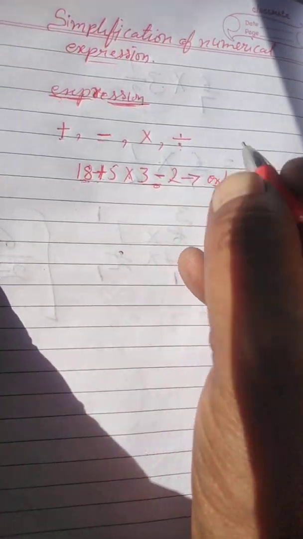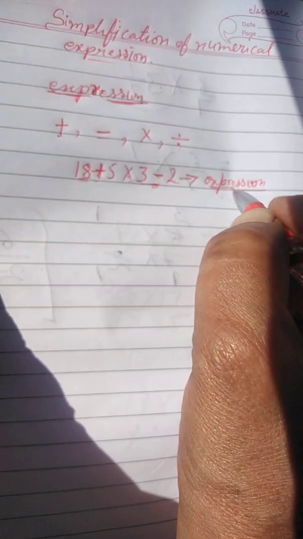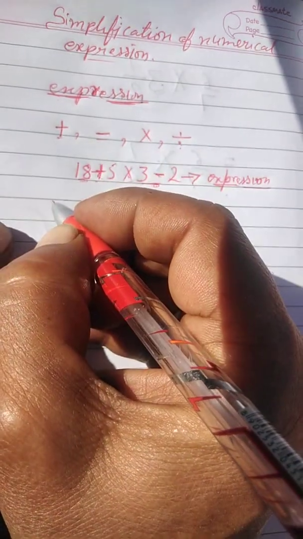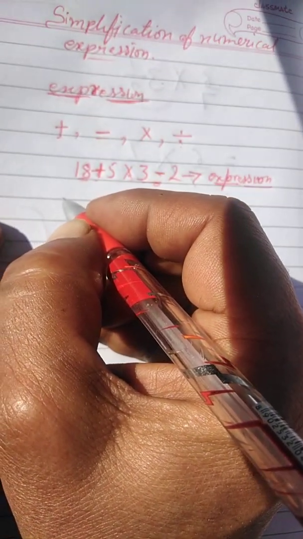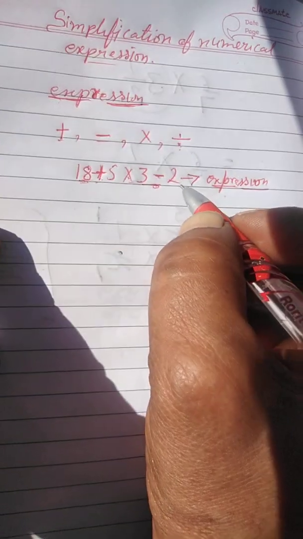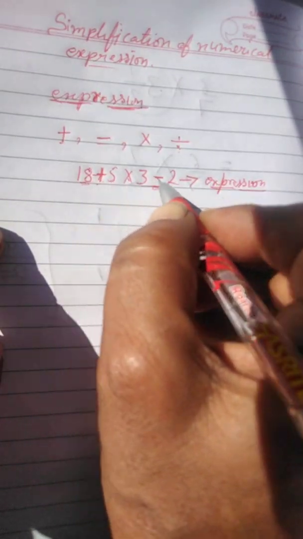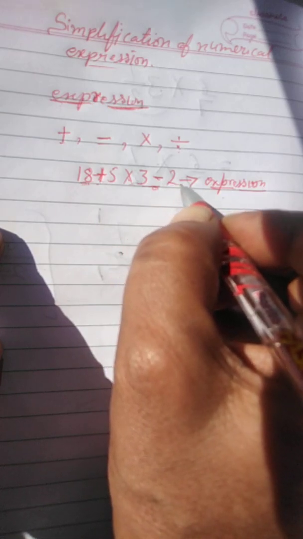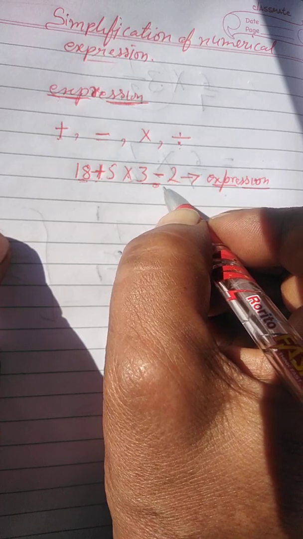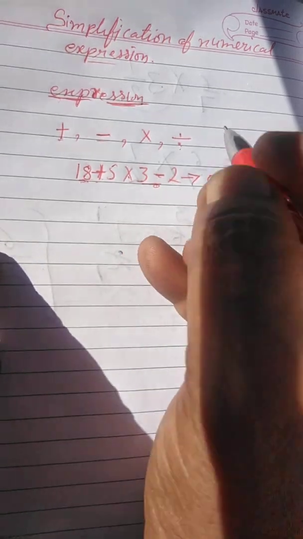So that is called the expression. A mathematical expression in which two or more operations are used or occur together is called the numerical expression.